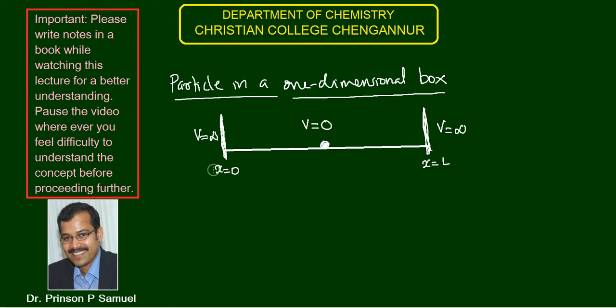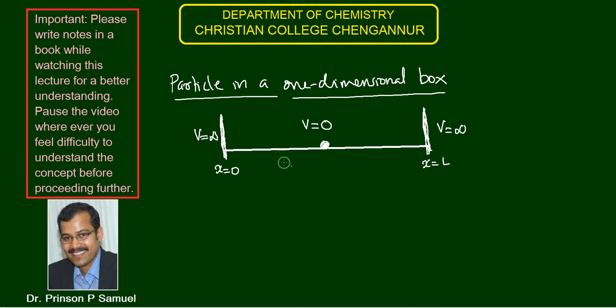Because we only wanted to say that this particle cannot escape from the region where it is confined to move. A box is also like that. If we put something inside the box, it is very difficult for that particle to go out of the box, because the box will be closed, and whatever object we put inside has to sit somewhere inside the box. So that is why we use the box analogy here also.